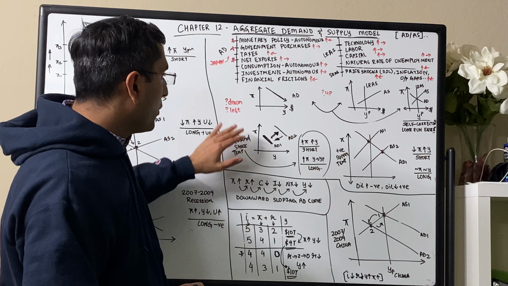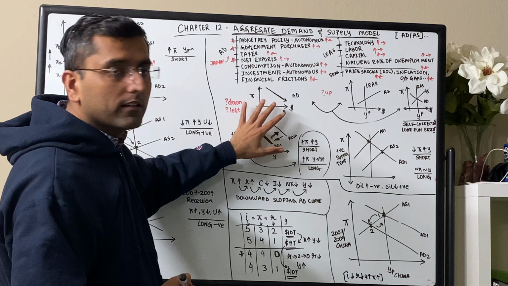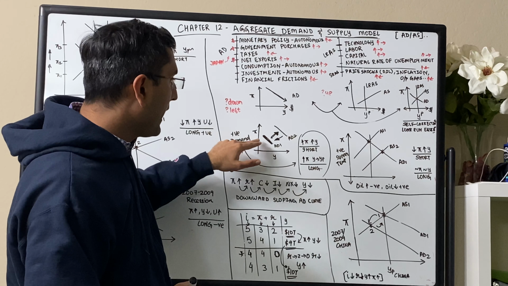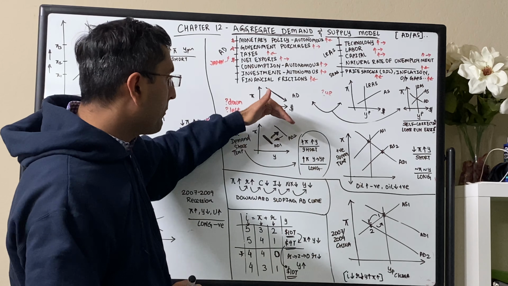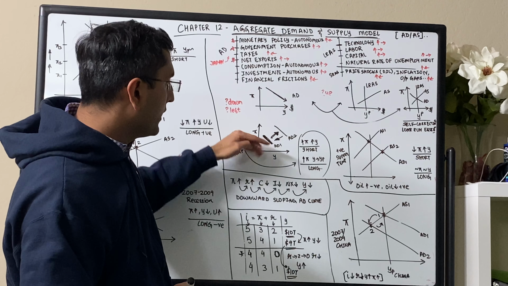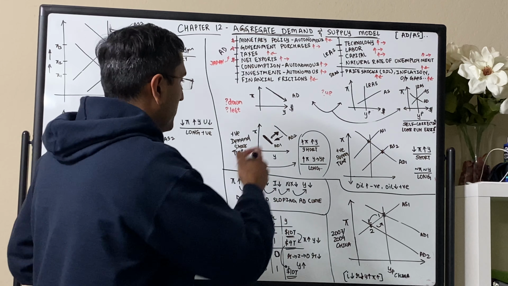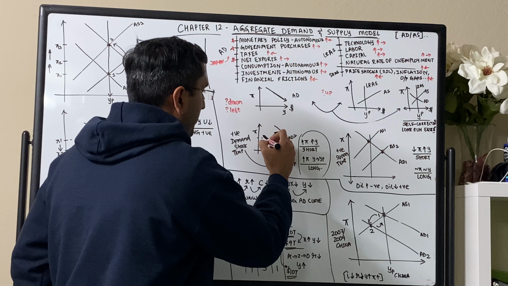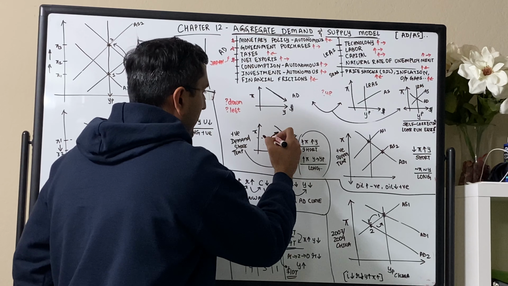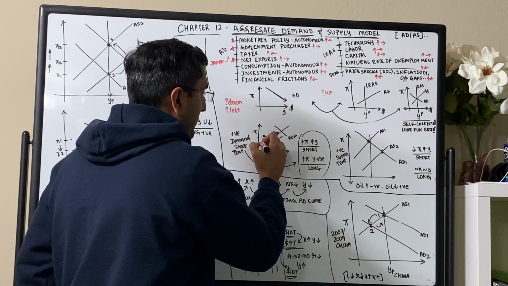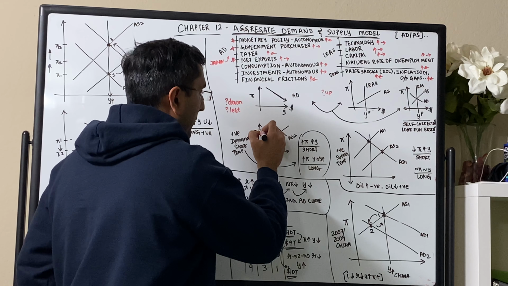So when there is a temporary movement up or down, typically what happens is, if it goes up, in the short run, inflation goes up, right? Inflation goes up because think about this. If this was our demand curve and this was our supply curve, the inflation would have been here, but then it now went up.